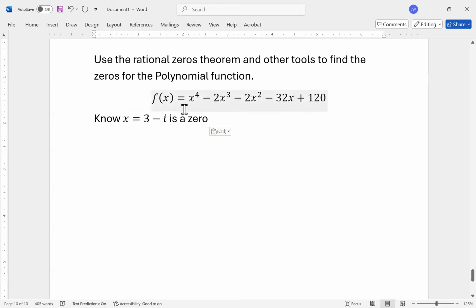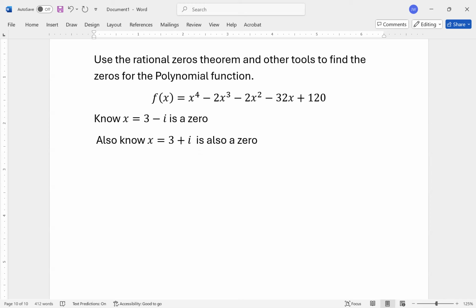Now, the first thing that we notice about this polynomial function is that all of the coefficients are nice integer values. Therefore, if I know one of the zeros is a complex number, I also know another zero that is a complex number, and that's the complex conjugate. 3 plus i is also a zero.